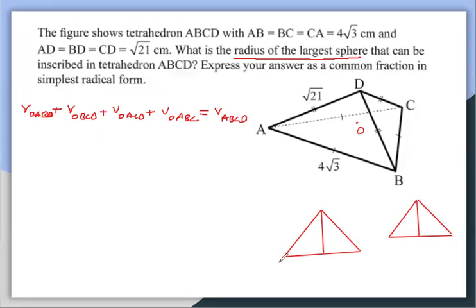So imagine this is A, B, and D. So this is the height, and then this is ABC. ABC is an equilateral triangle, so each side should be 4√3. If you want to find the area of an equilateral triangle, there is a nice formula, right?